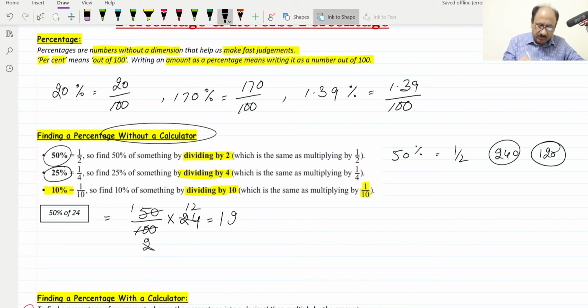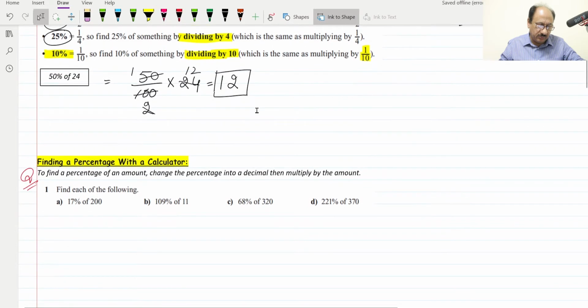So this will be equal to 12. This is our answer in this case. So this is how we can solve a question without using a calculator.